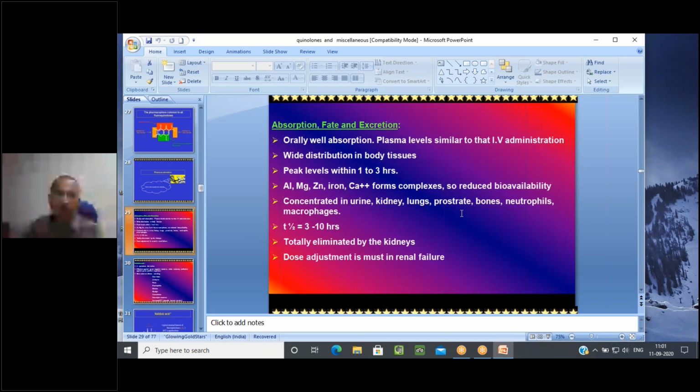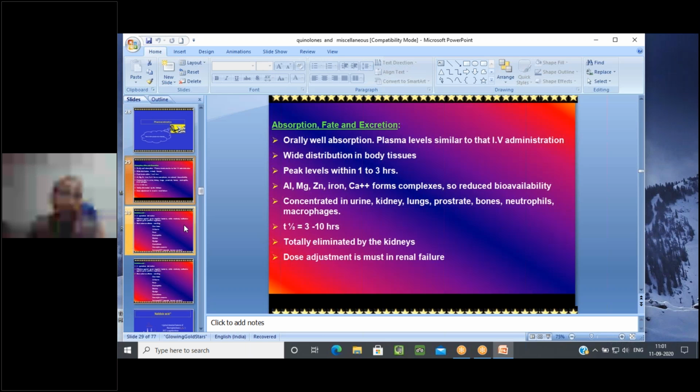After distribution, they concentrate in various parts, that is kidneys, lungs, prostate, and cells like macrophages. Half life is up to 10 hours. The kidneys are the major route of elimination, so you go for dose adjustment in case of renal failure.